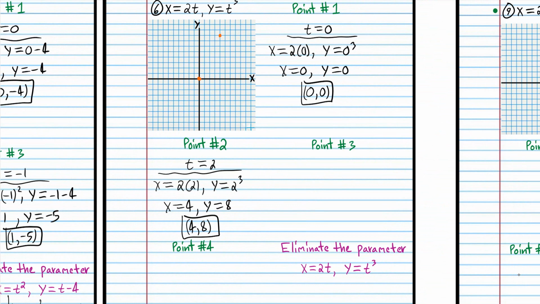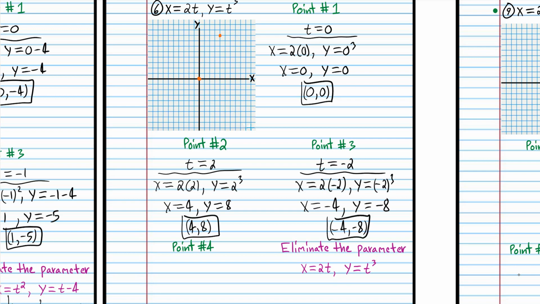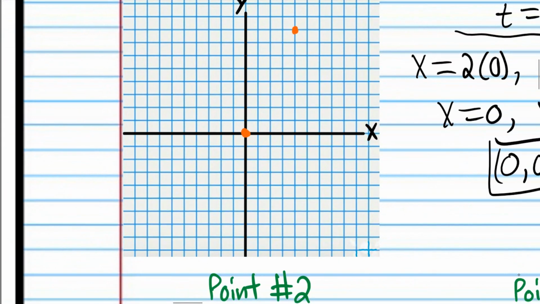Let's choose t is equal to negative 2. So x is equal to 2 times negative 2. y is equal to negative 2 cubed. So x is equal to negative 4, y is equal to negative 8. So negative 4, negative 8 is our third point.